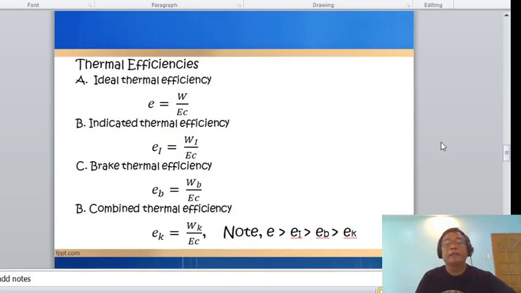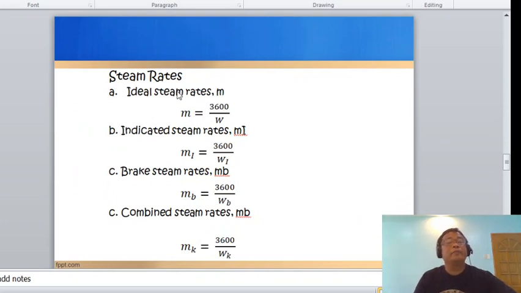Next, we have steam rates. The ideal steam rate is m equals 3,600 over W, the work. The indicated steam rate, m sub I, equals 3,600 over W sub I. Take note, class, this is just the reciprocal of the previous presentation, the thermal efficiency.